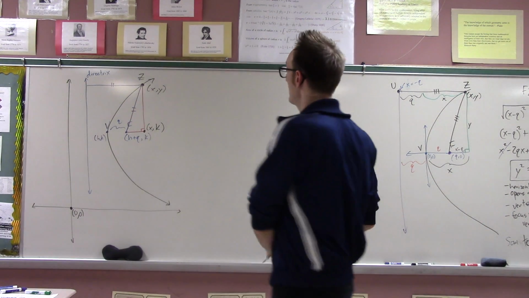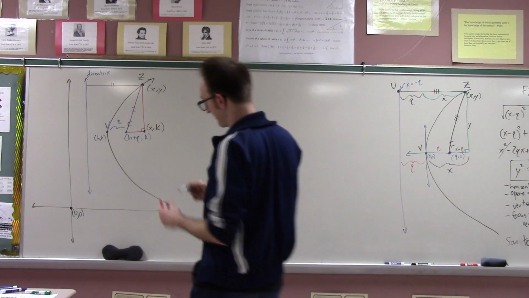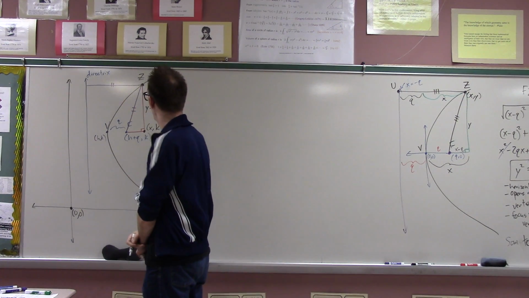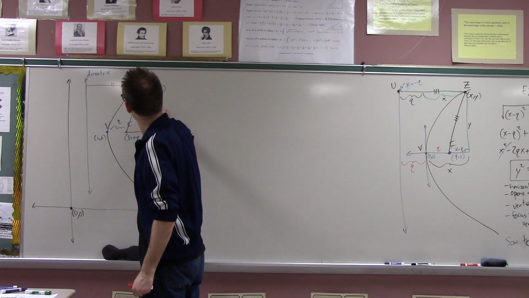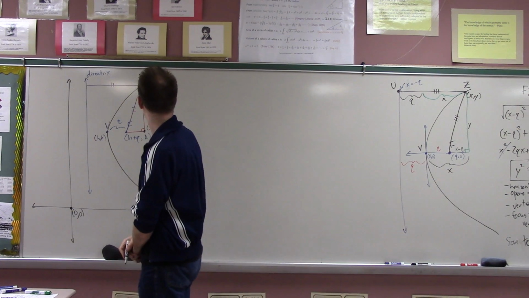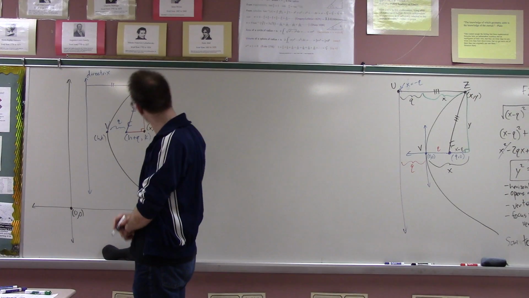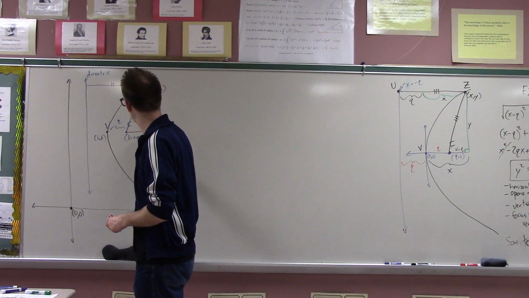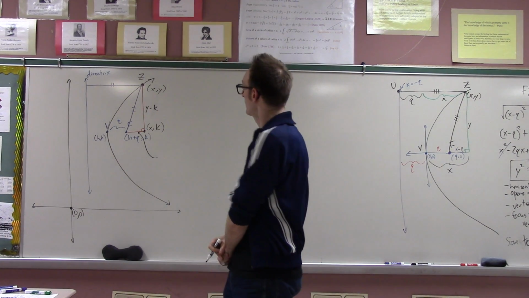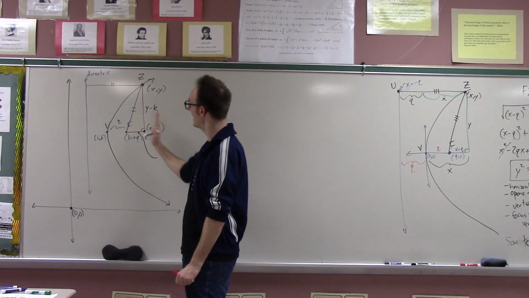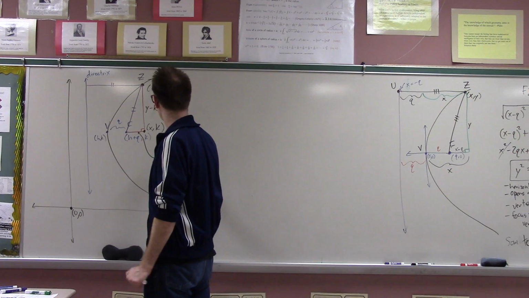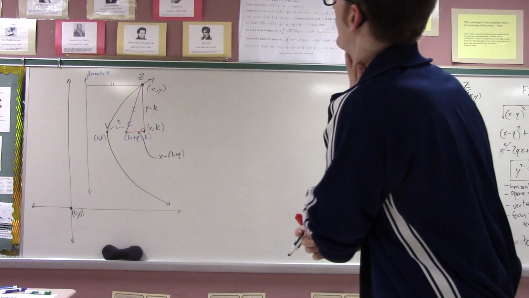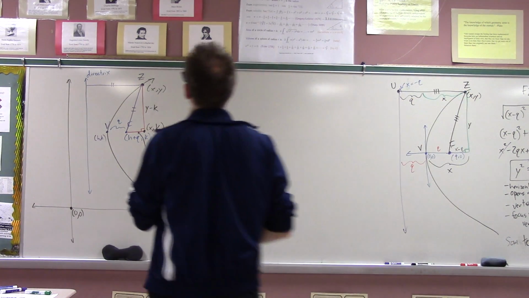So this length here is y minus k. And this little bit of the triangle is the difference between x and h plus q. So this is x minus h plus q. Just like our old proof, you just have to be a little more careful about what x and y mean.